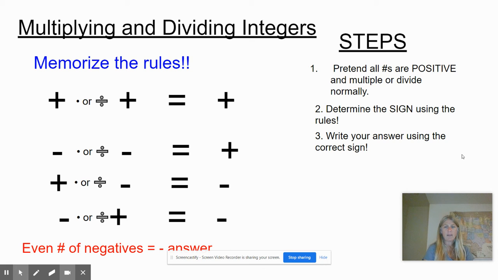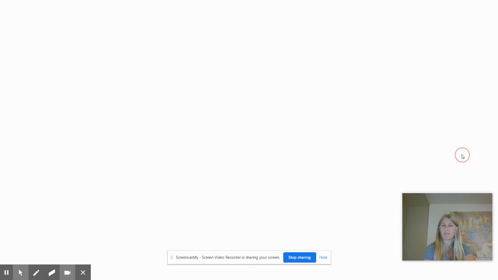So if I have an even number of negatives in my problem that I'm multiplying or dividing together, each of those individual ones pair up. And so when they all pair up, there's no negatives left over. So an even number is going to be a positive answer. And an odd number of negatives is going to be a negative answer because they pair up and there's one left over.